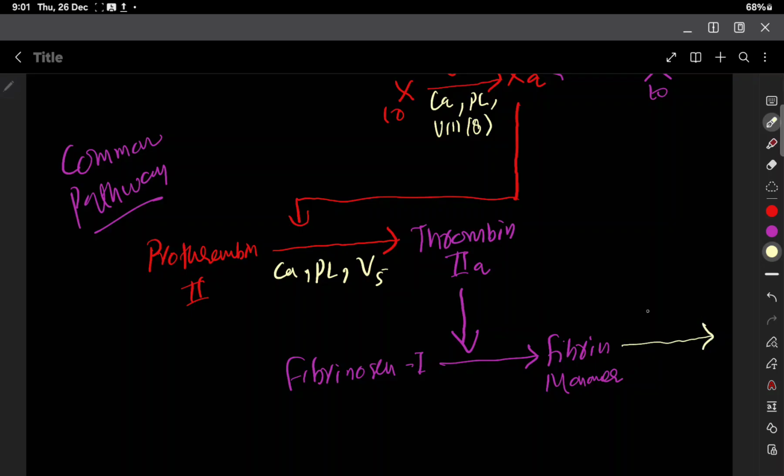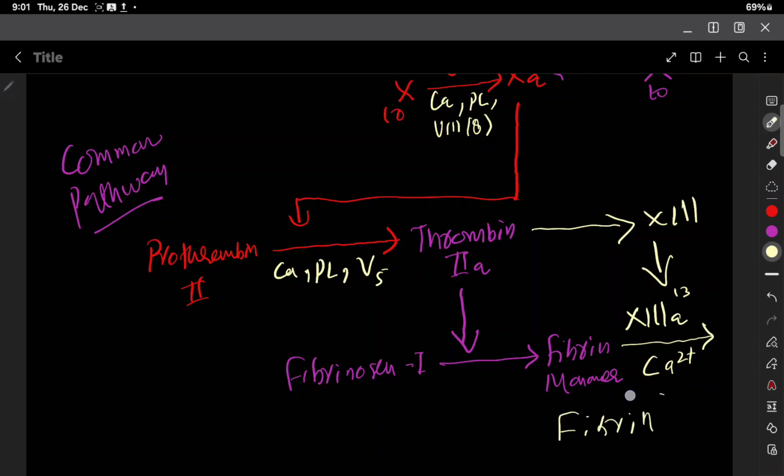The activated form of factor 13 will act, and this activated factor 13 comes from here. So this is factor 13, which is converted into its activated form, and it will act on fibrin monomer. And one more thing will act here, calcium, and it will convert everything into fibrin. And fibrin is the clot.